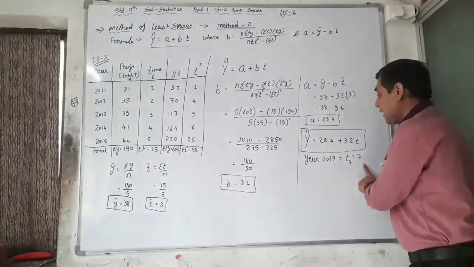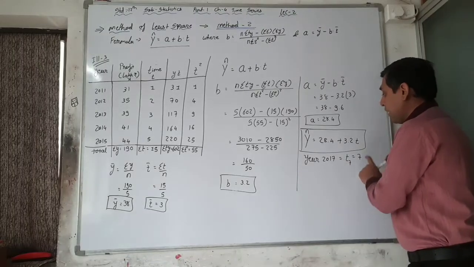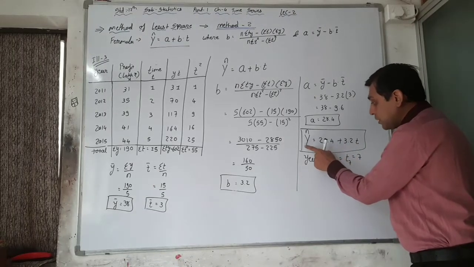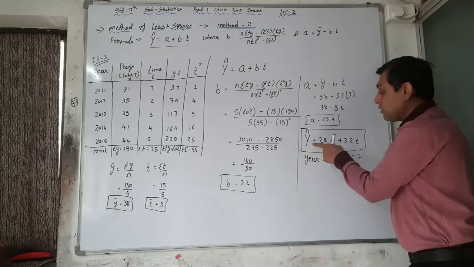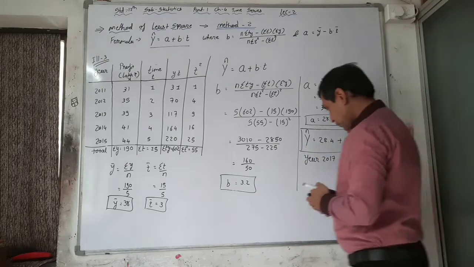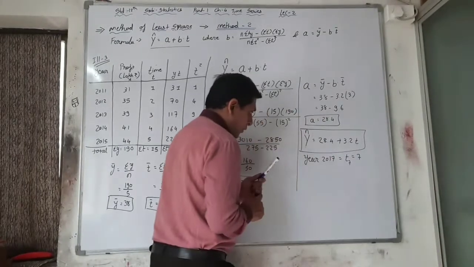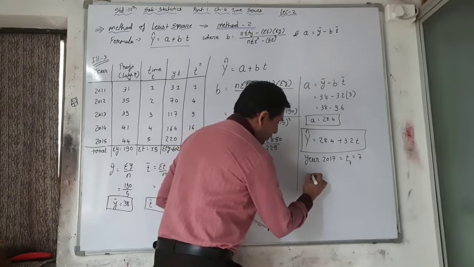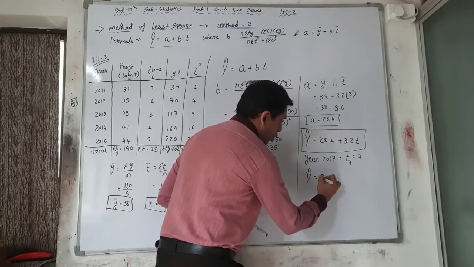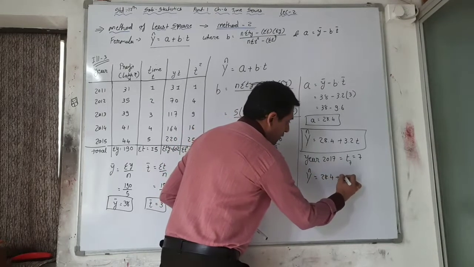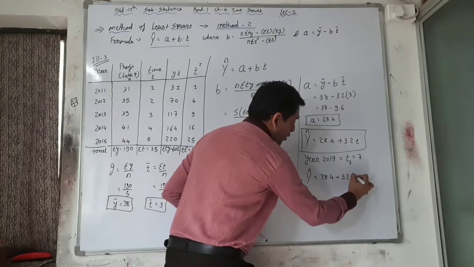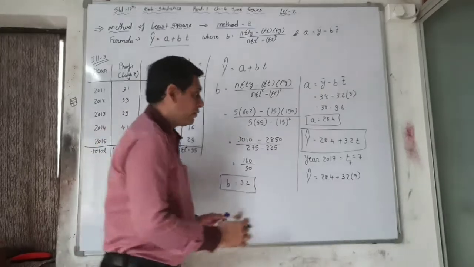So here we are taking T is equal to 7 and we have to find out the estimated profit on the basis of this equation. Right? So we are putting 7 into this equation, that is Y cap is equal to 28.4 plus 3.2 into 7.